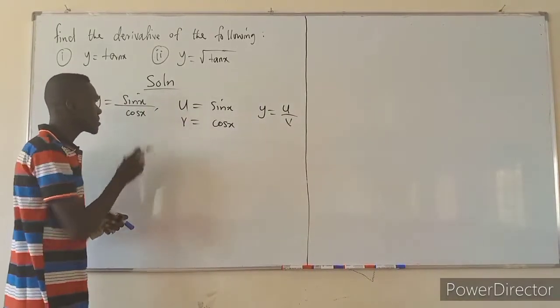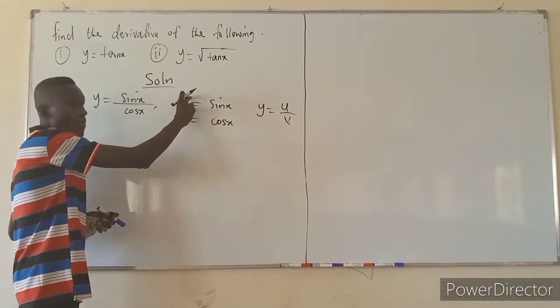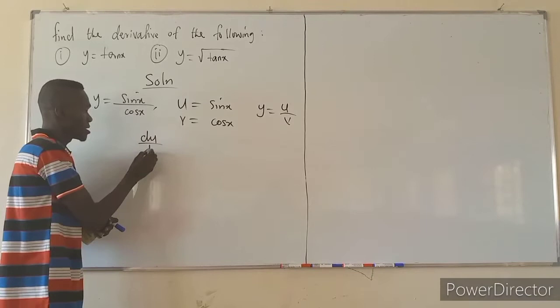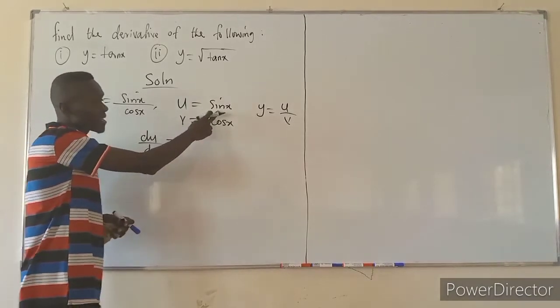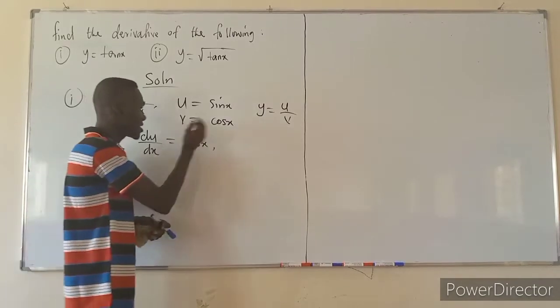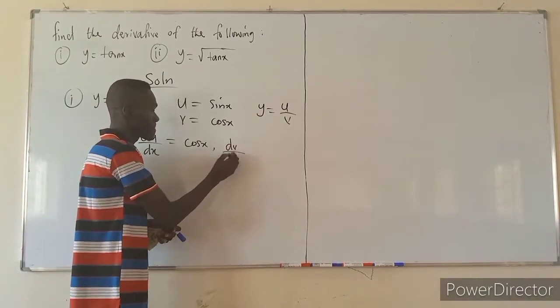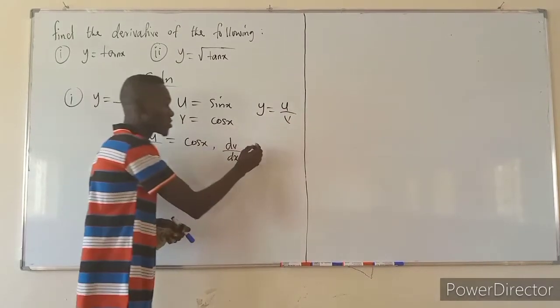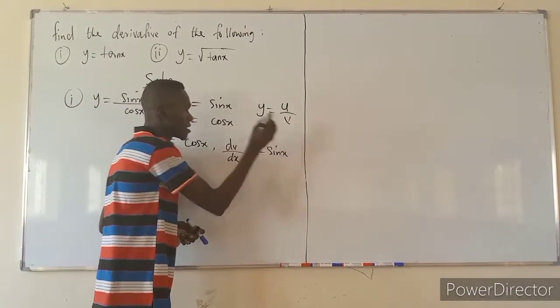Now to differentiate our u, because we need du dx, our du dx is going to be the derivative of sin x, which is cos x. We still need our dv dx. The derivative of v, which is cos x, is going to be minus sin x.